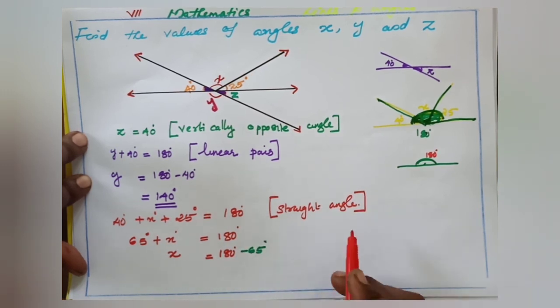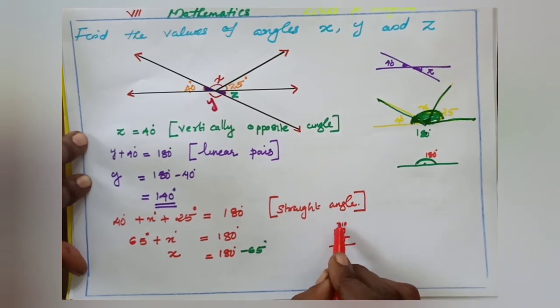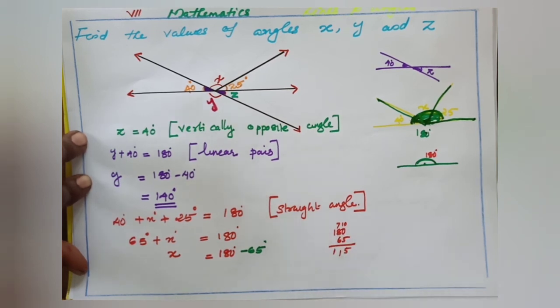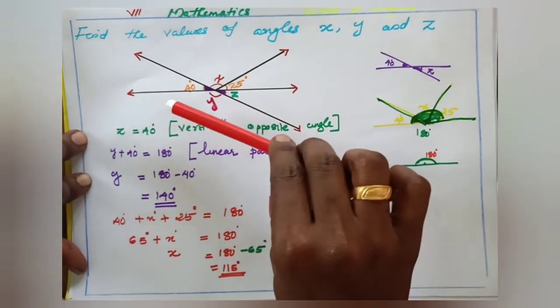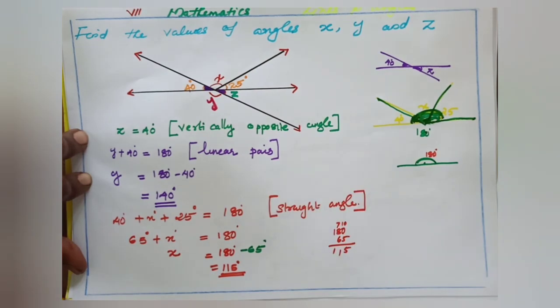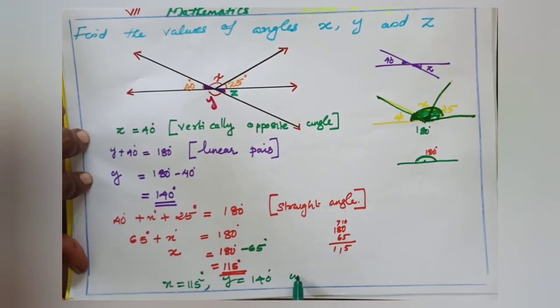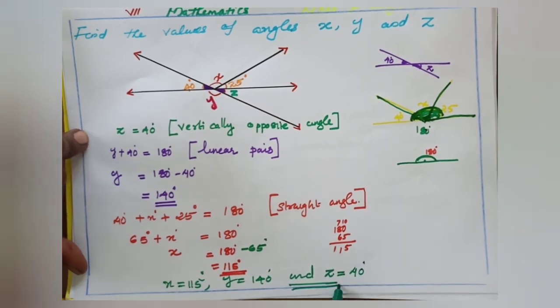Subtracting 180 minus 65 degree, 10 minus 5, 5, 7 minus 6, 1, so we get 115 degree. So x equal to 115 degree, y equal to 140 degree, and z equal to 40 degree. Understood all of you?